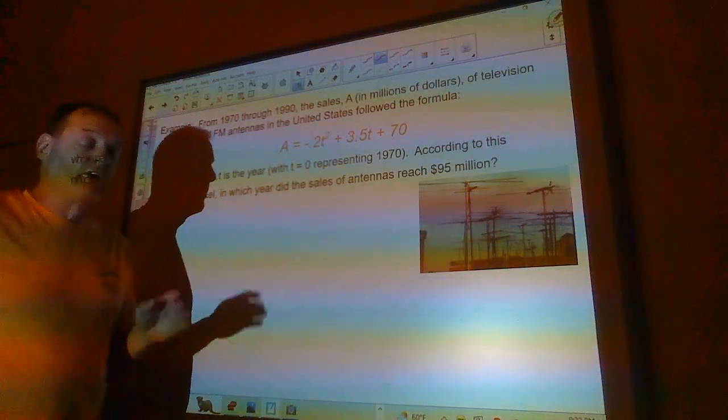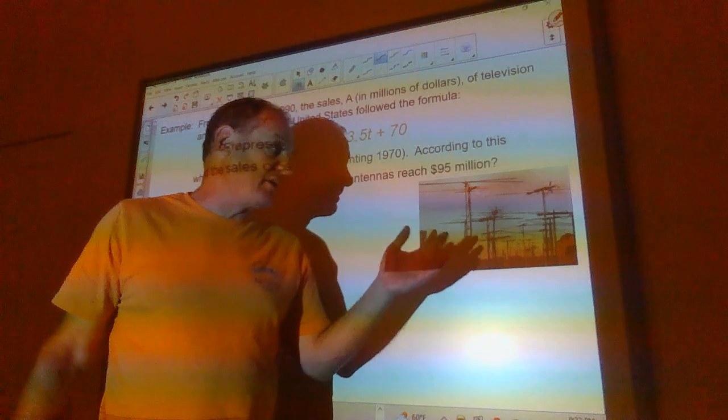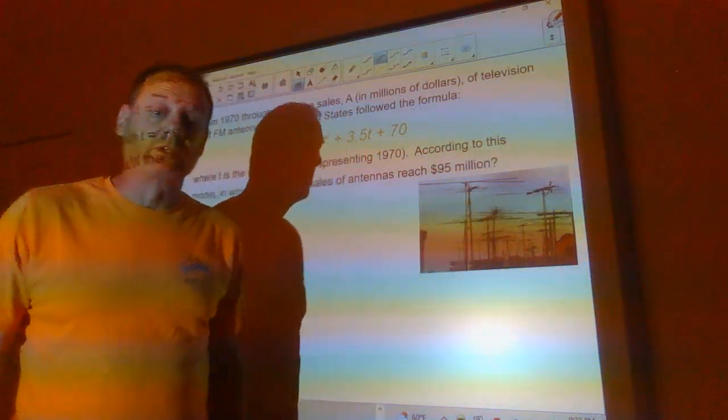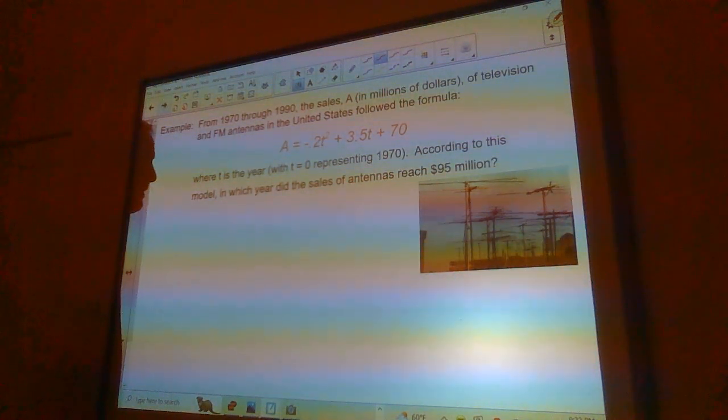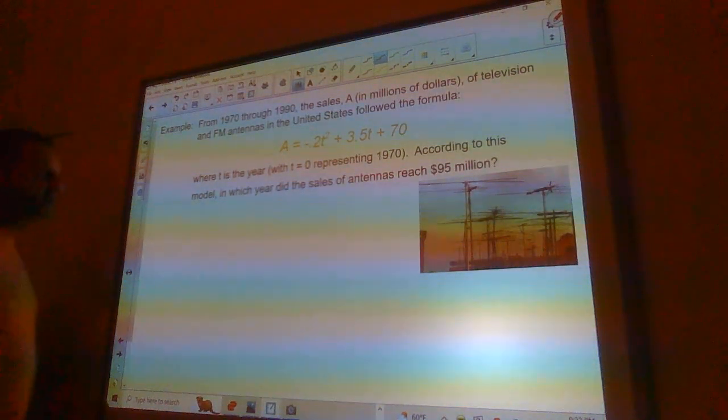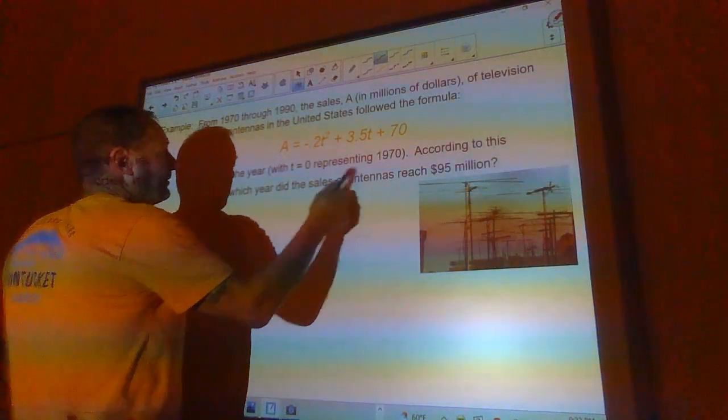So for all you youngsters who don't remember, everybody used to have one of these on their house so that you could pick up the TV stations. Now pretty much everybody has cable or internet and streaming, and so you don't need that. So A is going to equal 95 million.